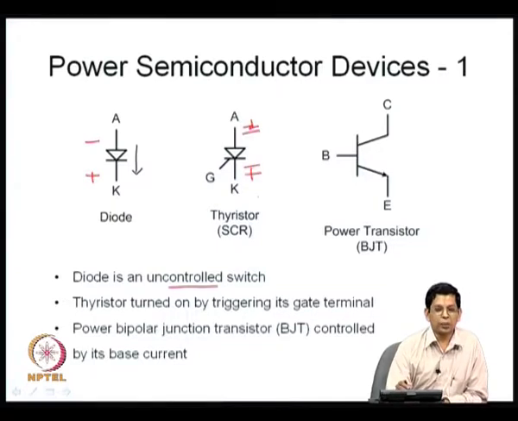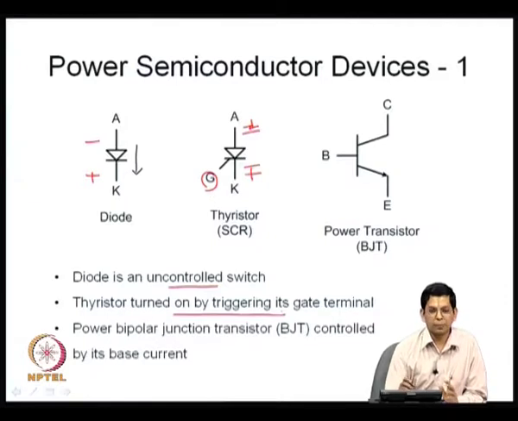Even in that scenario, as long as the gate has not been fired, the thyristor will not conduct. So, this thyristor can actually keep blocking voltages in either polarity. If it is reverse biased, it can block. If it is forward biased, it can block as long as the gate has not been fired, and the thyristor is essentially controlled by, or rather its turn on is controlled through, this gate terminal.